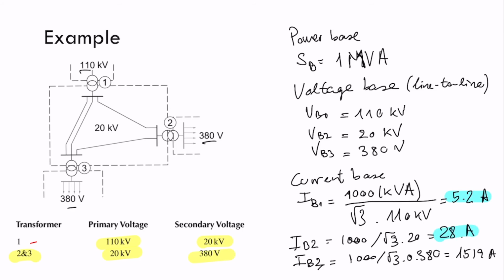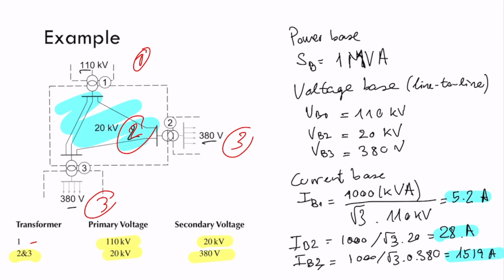The current in this area, this is the area 2, right? This is 1 and this is 3. In that case, we need to divide by 28.8, and for the last area 3, we have to divide by 1519 amperes. We can compute the impedance similarly.